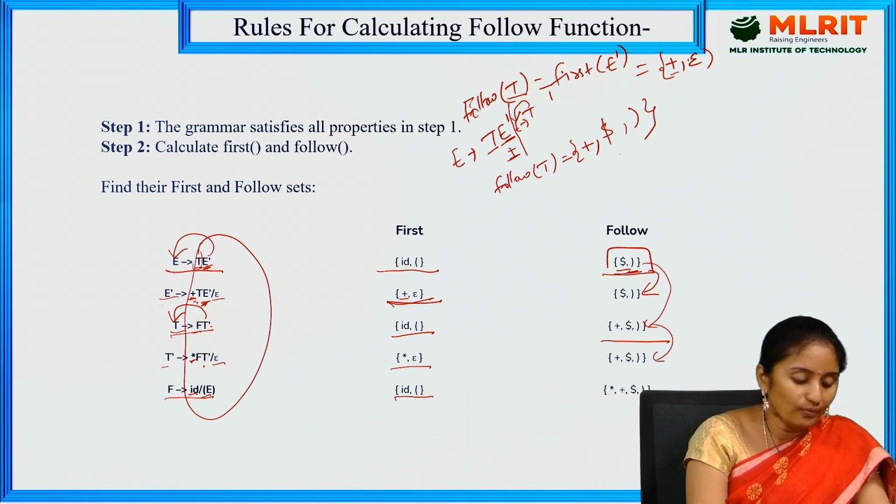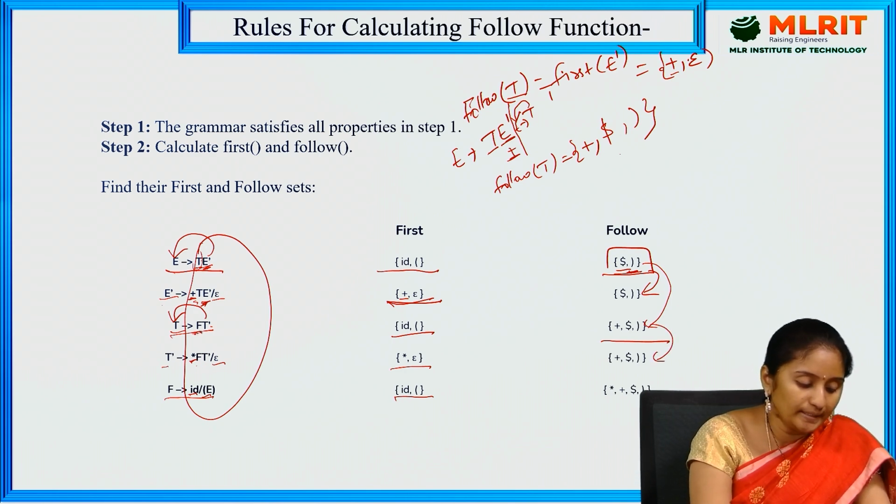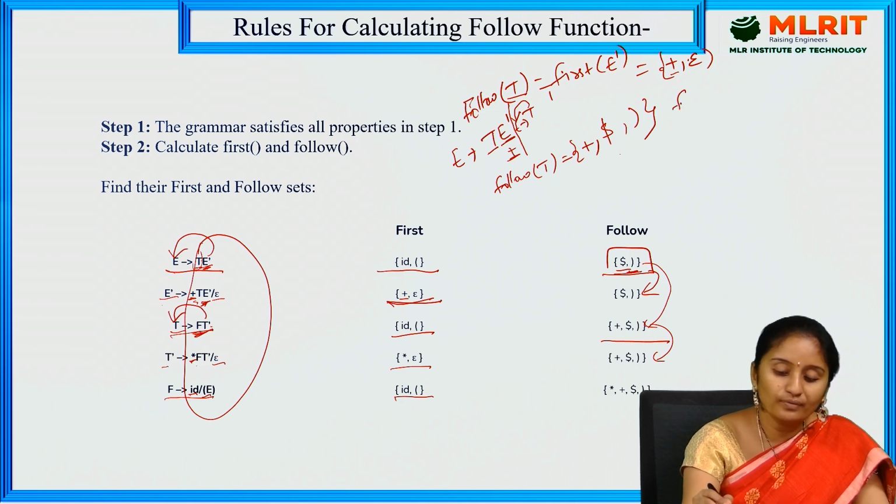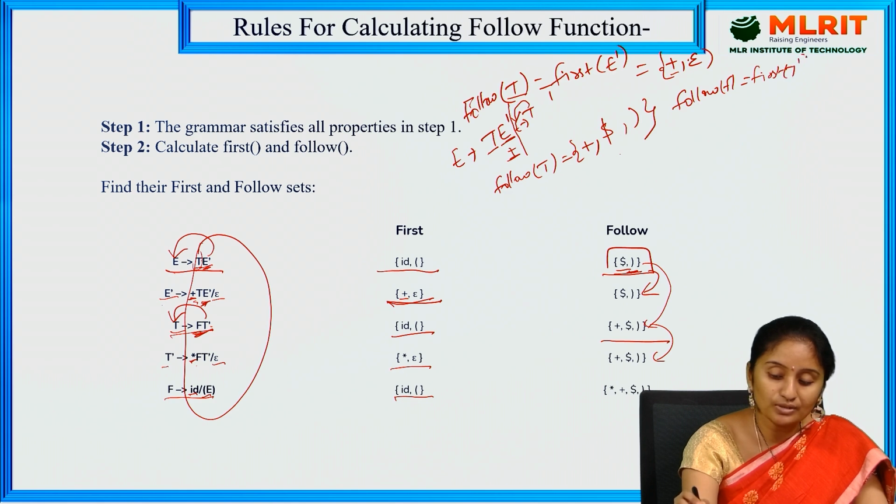Next, follow of F. F is followed by T dash. Follow of F is nothing but first of T dash. First of T dash, what am I having? Star, comma, epsilon.